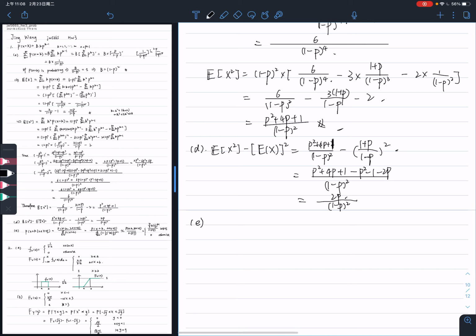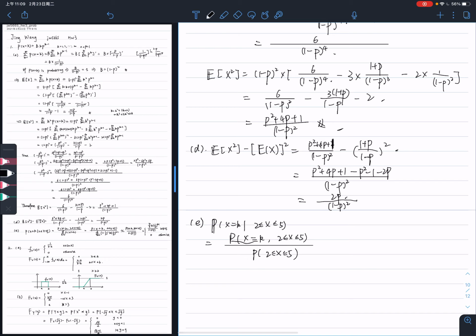In the last part, we want to get the conditional probability of X equals k when X is larger than 2 and smaller than 5. So by the definition of conditional probability, we know that it is equal to P(X = k and, at the same time, 2 < X < 5) over P(2 < X < 5).